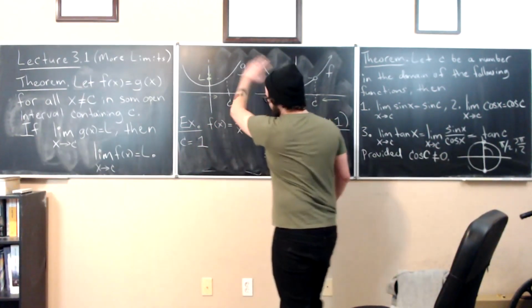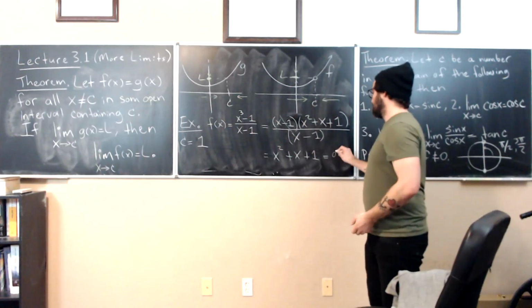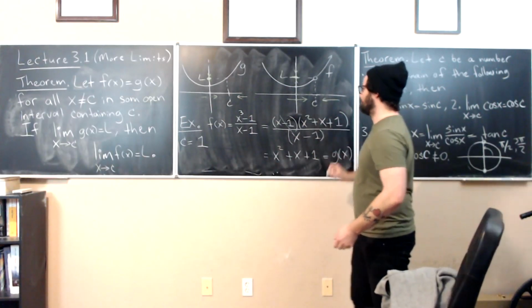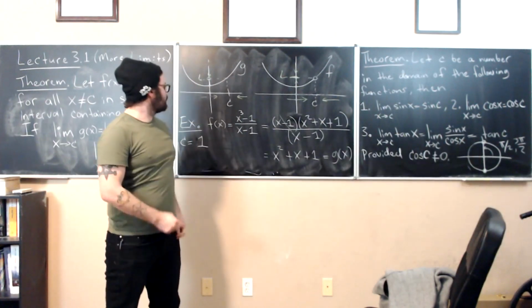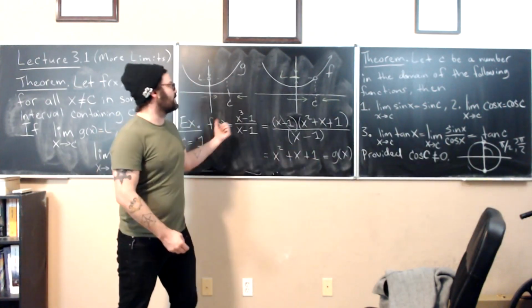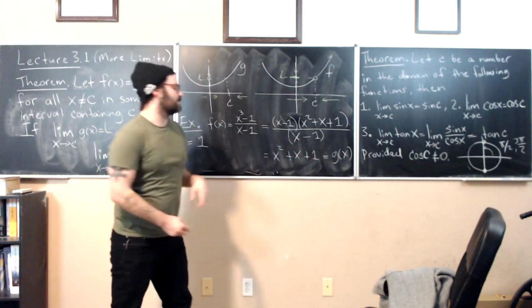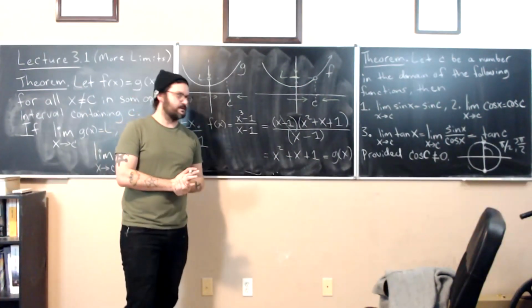And that, in this picture that I've drawn, would be your g of x, right? g of x would be that smooth parabola where there is no discontinuity, but f has that removable type of discontinuity.